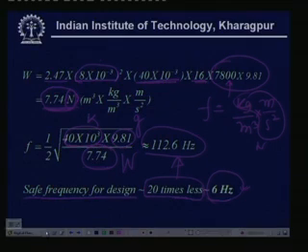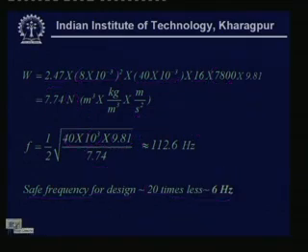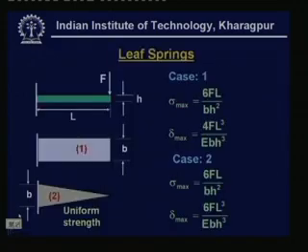Now, we go back to another aspect, that is what we call leaf springs. So, after we have learned about the helical springs, let us concentrate on how we take up the design procedure for the leaf springs.